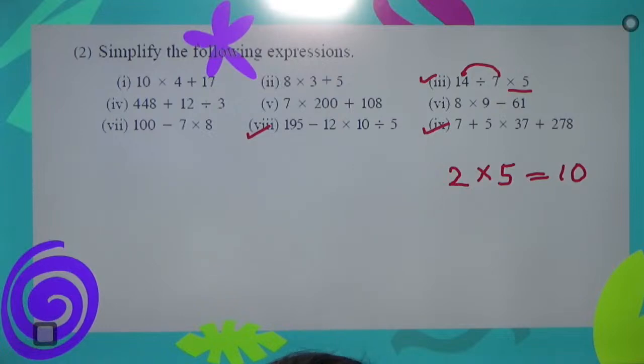Right, shall we move to the next question? I'm doing the last one. Right, okay, then do.